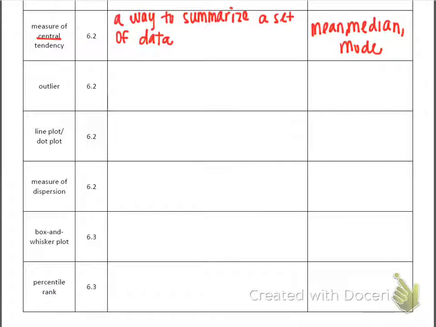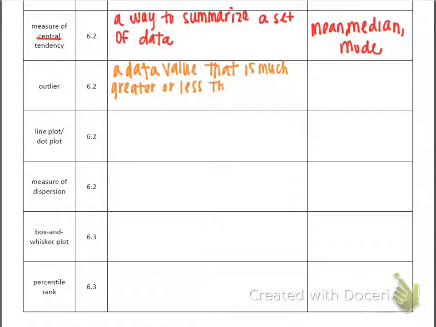So that would be a data value that is much greater or much smaller, or less than other values in the data set.